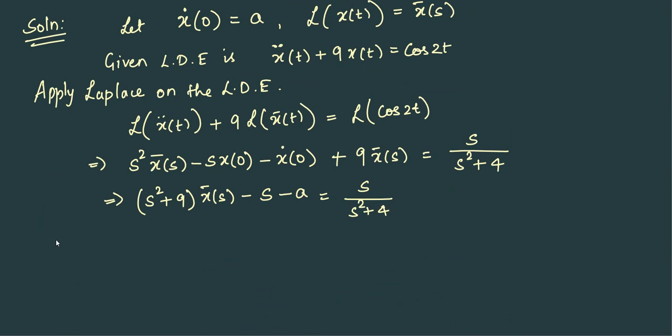So let's take this to the other side. So s square plus 9 times x bar of s is s plus a plus s by s square plus 4.